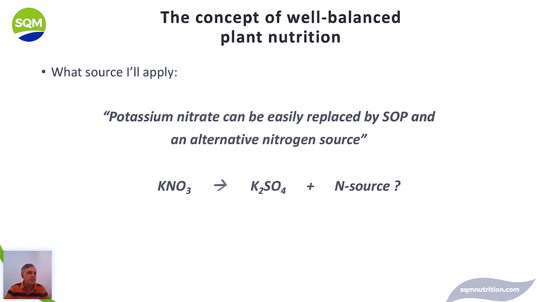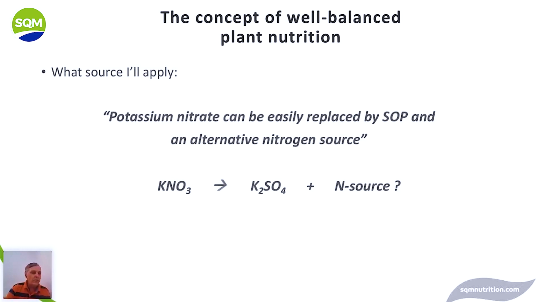Taking potassium, which is the nutrient most required by citrus crop, followed by nitrogen, what sources of potassium, for example, can I use to feed my plant? As a fertilizer company, we produce the 3 potassium sources. We produce potassium nitrate, potassium sulfate, and potassium chloride. So we are a producer of the 3 potassium sources.